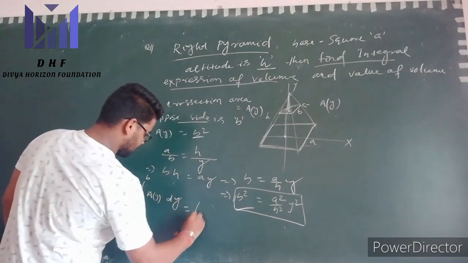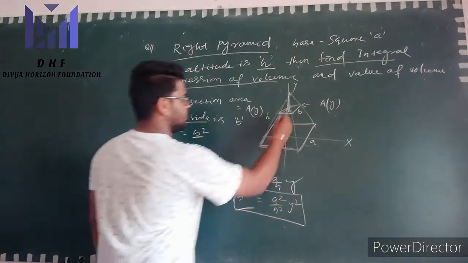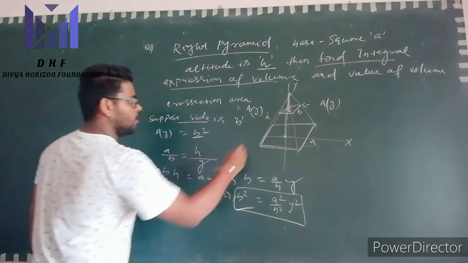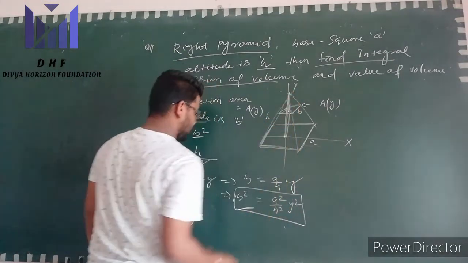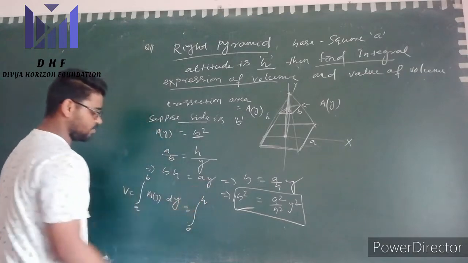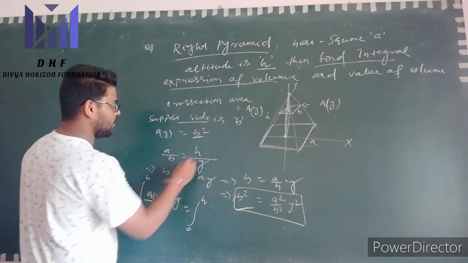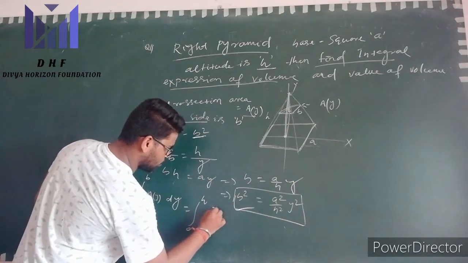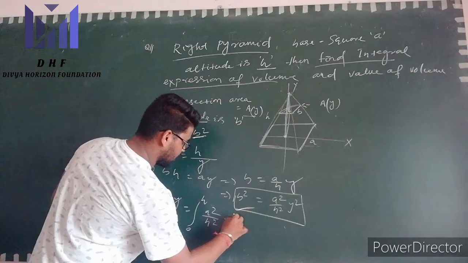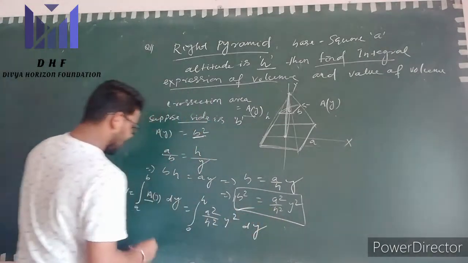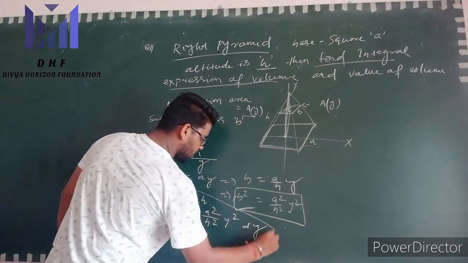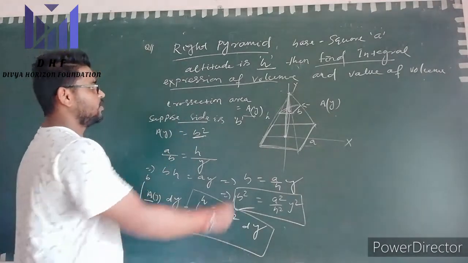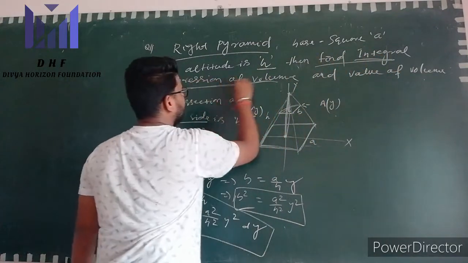Now this limit is from the vertex at the origin to h, so the limit is 0 to h, and A(y) is b square, the value of b square is a square upon h square y square dy. This is our integral expression of volume.